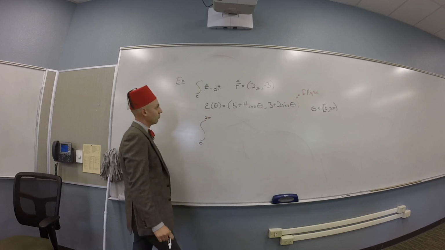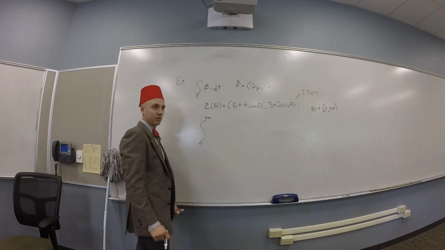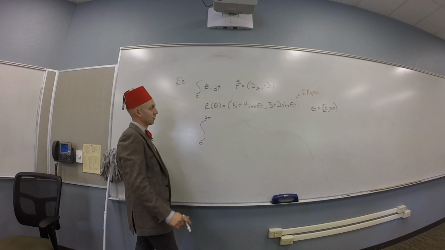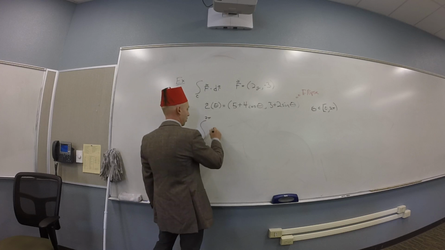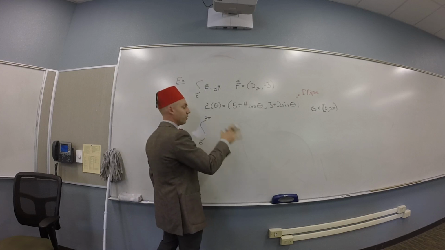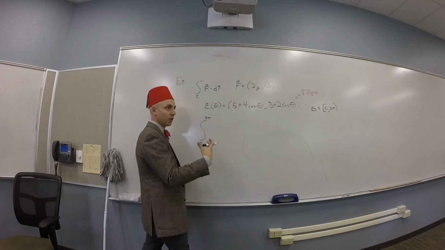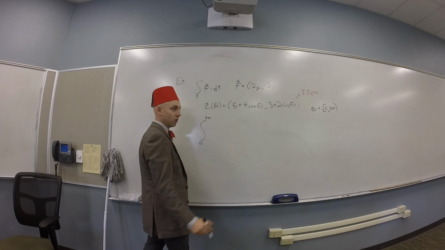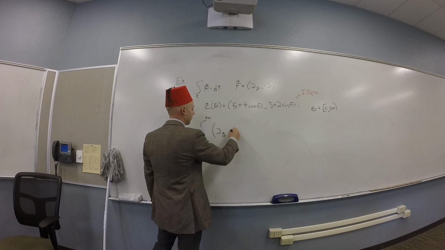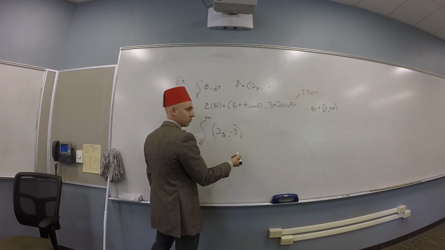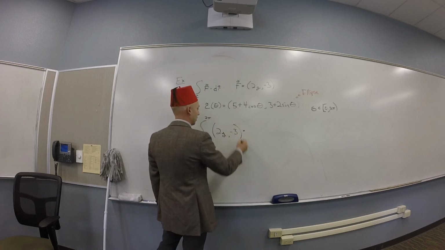Then what should this first thing be? 2y, negative 3. I'm just going to do it in one thing using my notation, not the split up physics notation. So I should put 2y comma negative 3 here. That would be the f. Okay, cool.